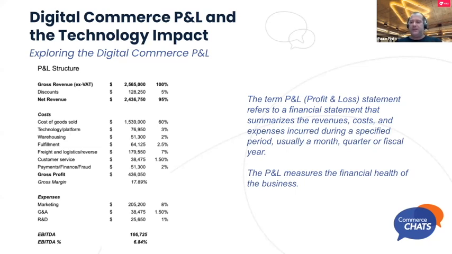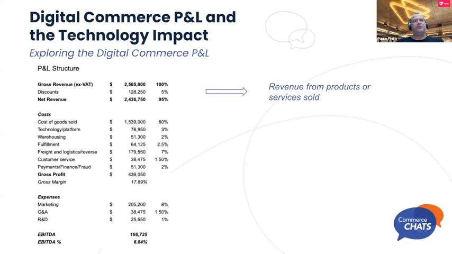And it's divided into those 3 big blocks, right? The revenue block, which is everything you sell, the costs, everything related to the products you're selling or the services you're selling, and then the expenses. So moving into the first block, the revenue. It's basically what you're selling, right?